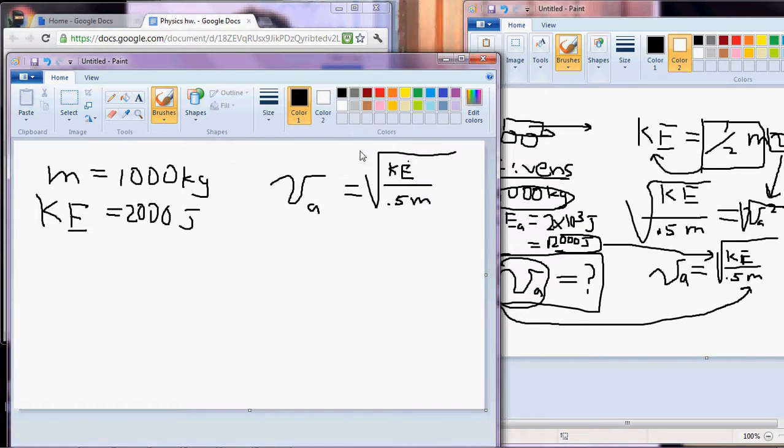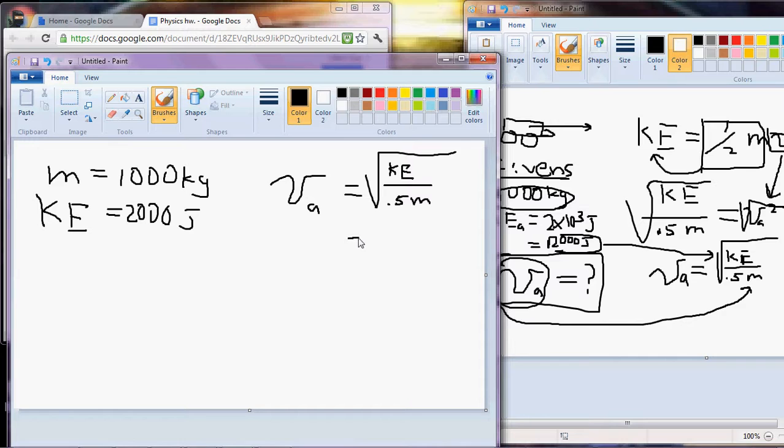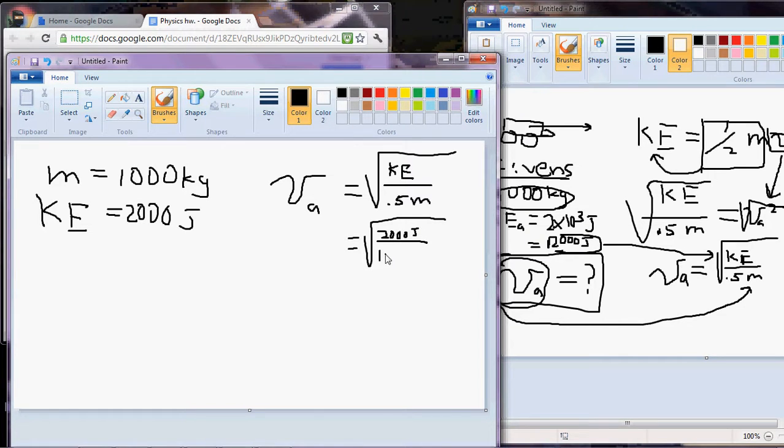So we just plug it in, which equals the square root of 2,000 joules divided by 0.5 times 1,000 kilograms.